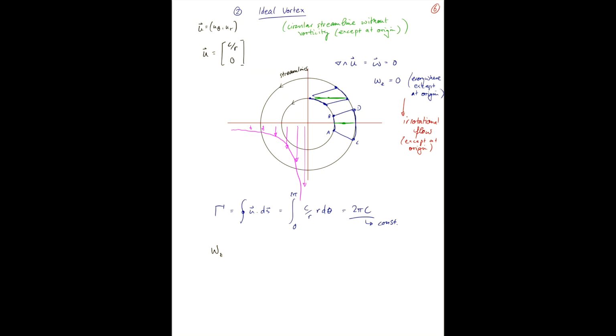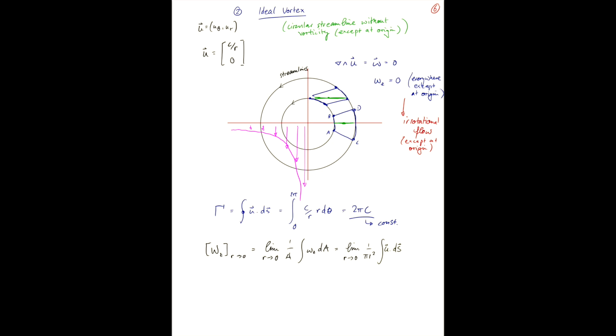Let's consider the limit of the origin. So let's take omega z as r goes to 0. So in this case, the limit of r going to 0 of 1 over the area, omega z d area. And this is from the definition of vorticity as the limit of circulation over a small area. We have this as the limit of r going to 0 of 1 over pi r squared, integral of u dot ds.